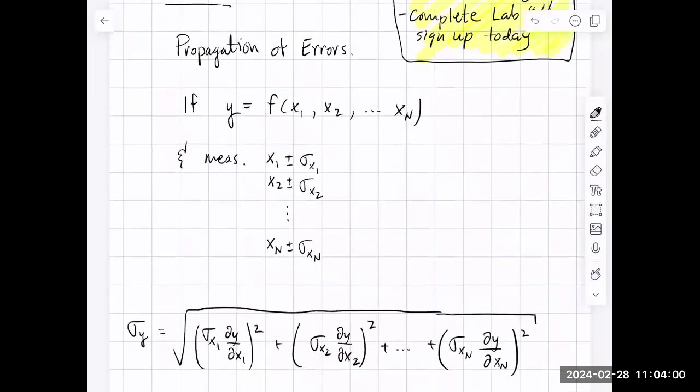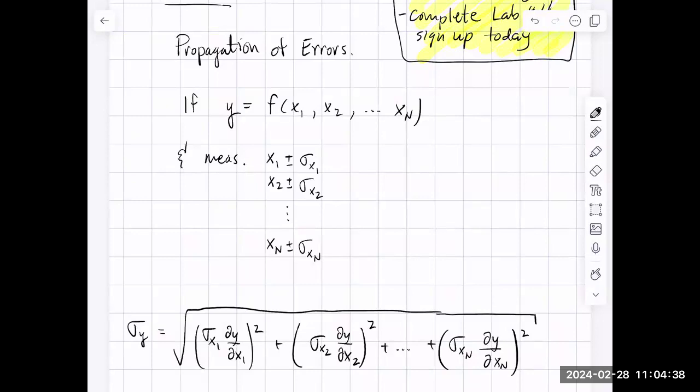And we went through this kind of argument where we imagined we have some function, it can have whatever shape you like, and at some particular value of x, we approximate that as a straight line. So we find the slope of some tangent line to the function at that point. And if there's some x interval that we're interested in that corresponds to, say, x plus or minus delta x or plus or minus sigma x, then we can find the corresponding y interval by taking the slope of that tangent line and multiplying it by that delta x.